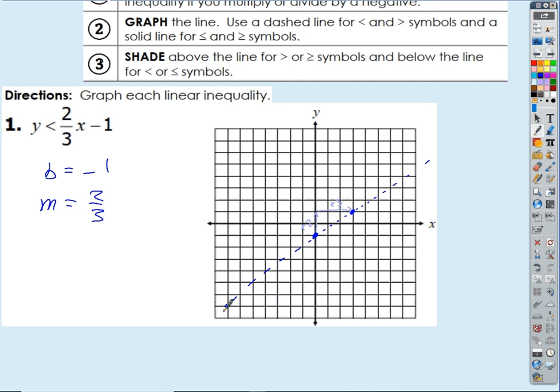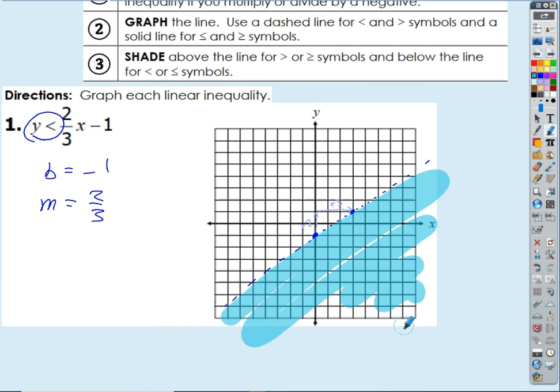Now, which one are we going to shade? Well, if we're doing y is less than the boundary line, we're shading below, aren't we? Right? So we just do this. That's our solution. Okay, make sense?